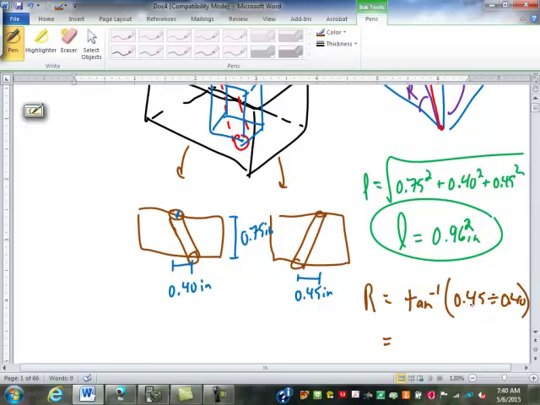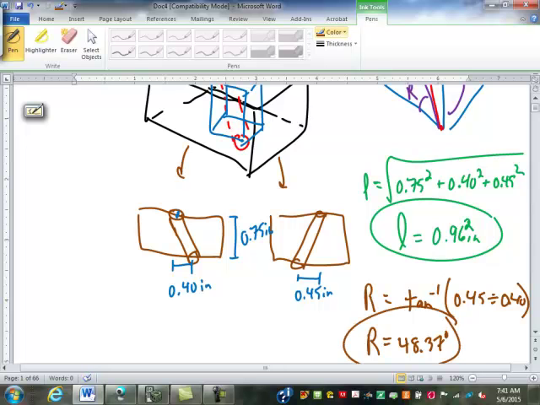Now when you're looking at that, the opposite side is bigger than the adjacent side. What's that tell us about our angle when we're doing a tangent? It's bigger than 45 degrees, yes. Little things like that, keeping them in the back of your mind, keeps you from making bad mistakes. So what's that come out to be for an angle? 48.37. 48.37 works for me.